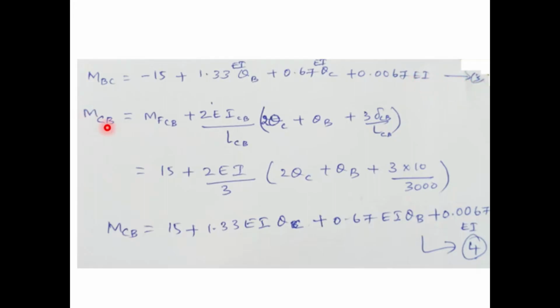Now, MCB is equal to MFCB plus 2EI by L into 2 times theta C plus 1 time theta B plus 3 delta by L. Here substitute the delta value and L value, and we'll get a simplified equation: MCB is equal to 15 plus 1.33 EI theta C plus 0.67 EI theta B plus 0.0067 EI. This is your fourth equation.